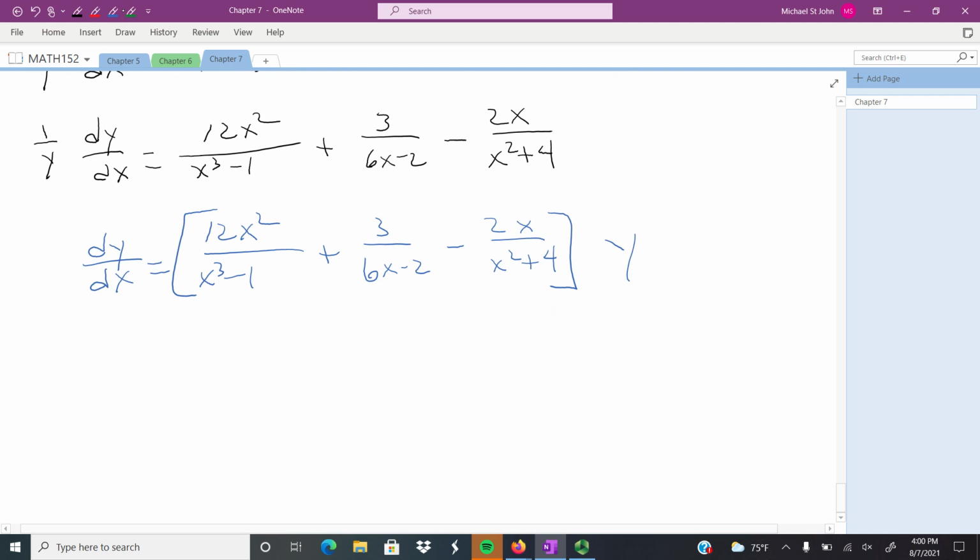But then we're still not quite done. There's one more step. So dy dx is going to equal 12x squared over (x cubed minus 1), plus 3 over (6x minus 2).